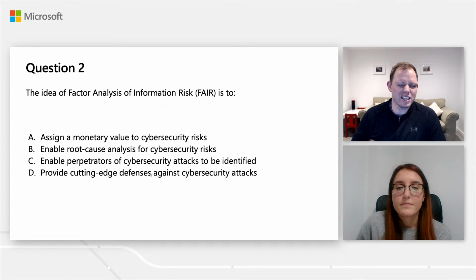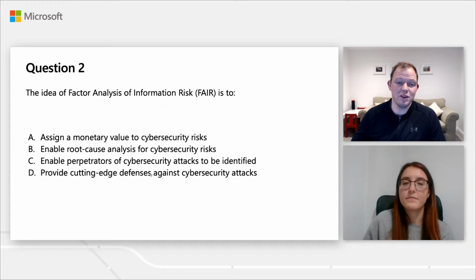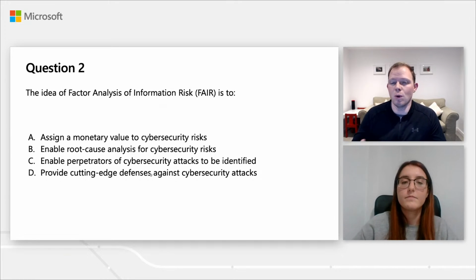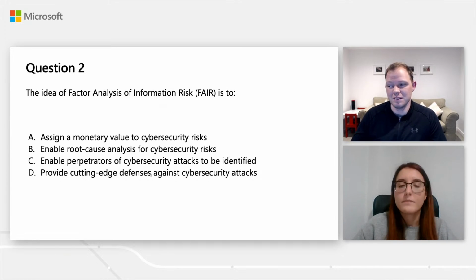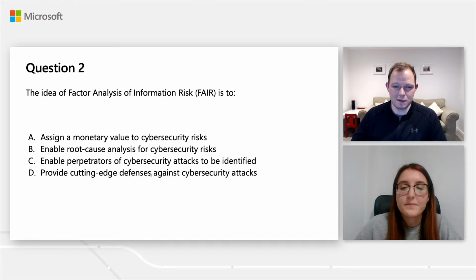So it just doesn't make sense. And even if it did say cybersecurity incidents, that's not what we're doing with FAIR, right? FAIR is all about loss and calculating that loss. And of course, C is not true, because the FAIR organization doesn't have to do with identification. Yeah, exactly. That's very true. Let's see what the audience has to say about that. One moment.